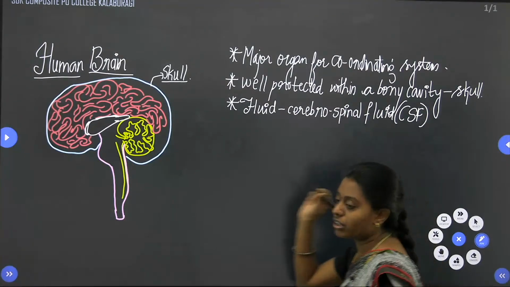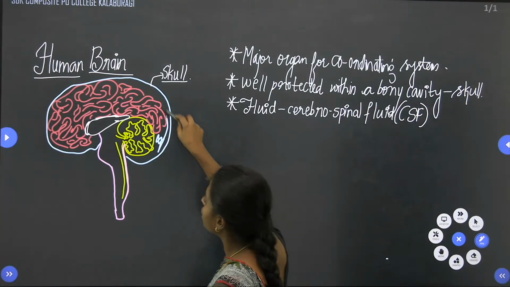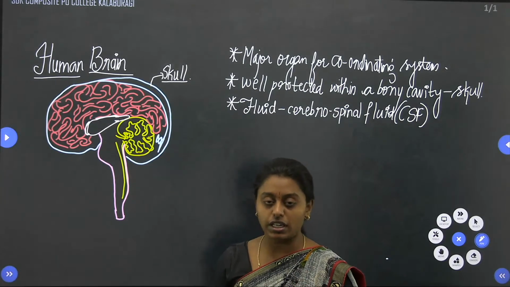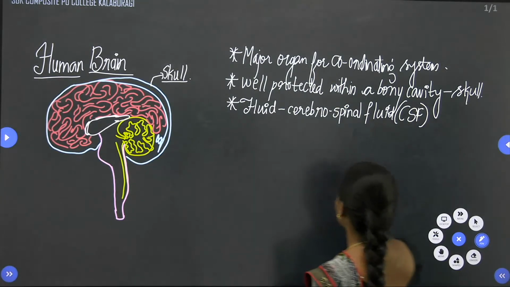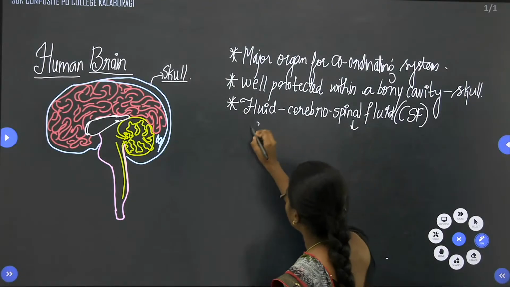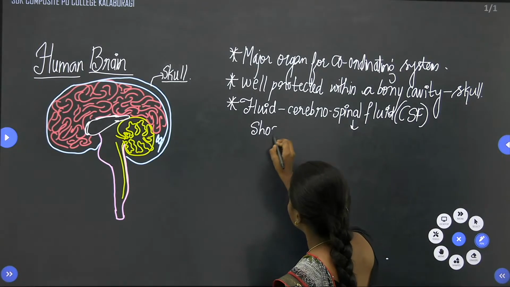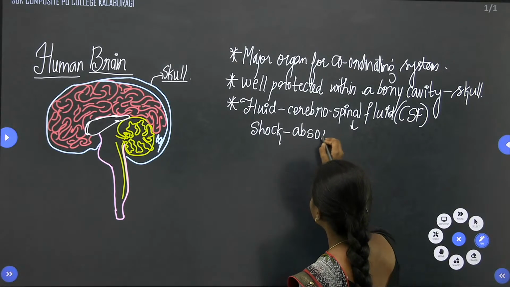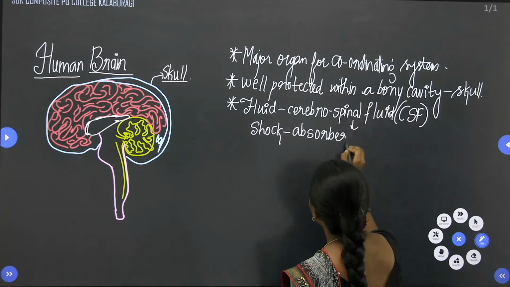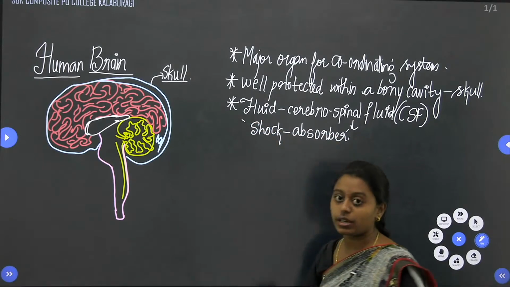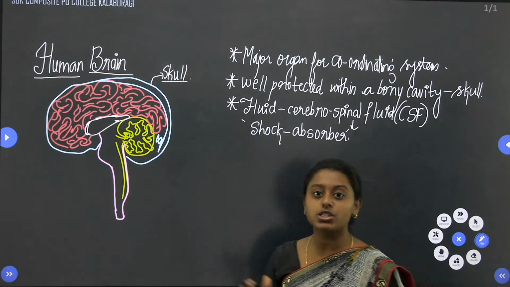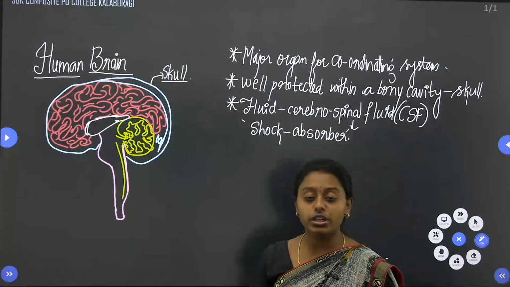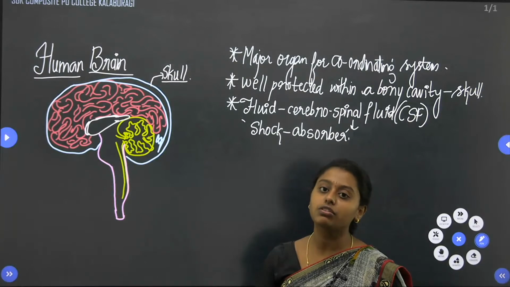A fluid called cerebrospinal fluid completely covers up the brain within the skull, and it acts as a shock absorber. It well protects the brain from any sudden situations. Okay, so that is the function of the fluid, that is cerebrospinal fluid.